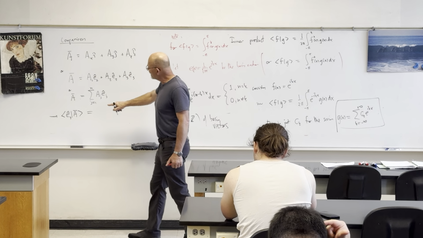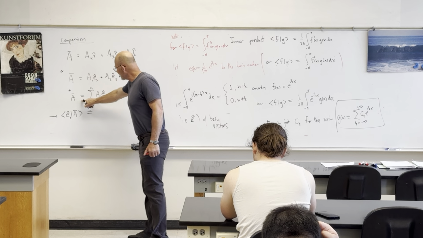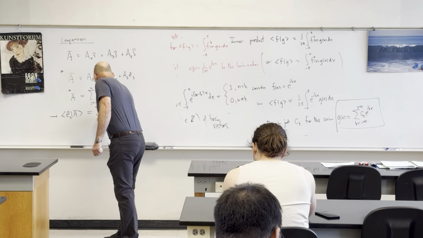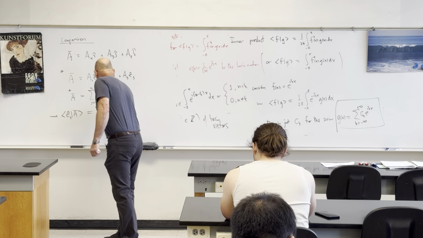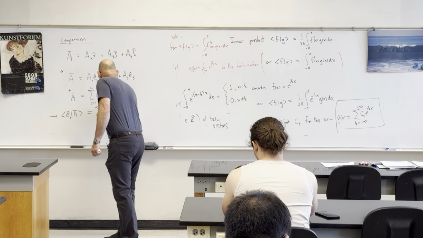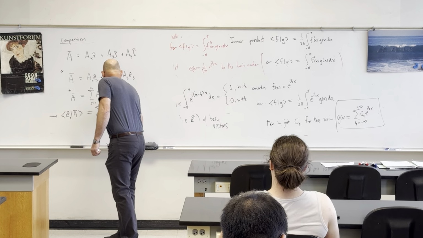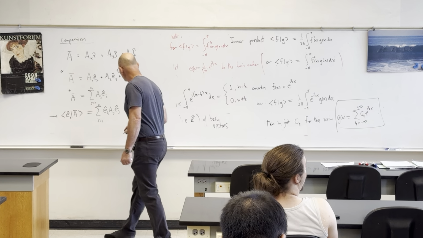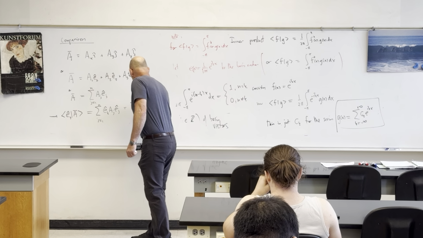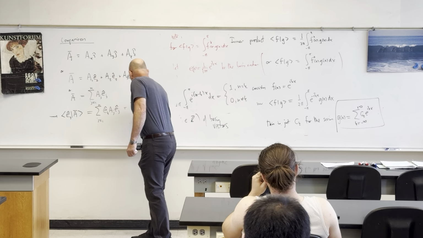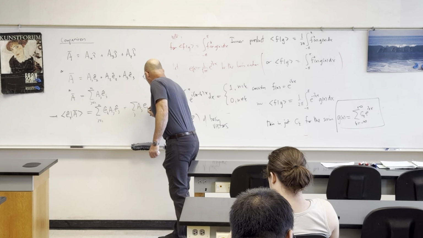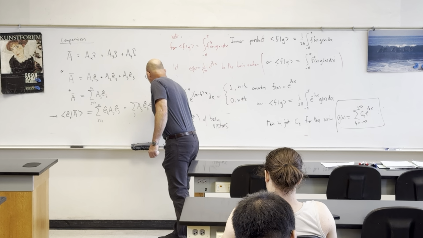I'm multiplying a unit vector to this vector A from the left: the sum over j equals 1 to n of e sub k hat dotted with A sub j e sub j hat, which equals the sum over, I can just do that, e sub k hat dot e sub j hat.